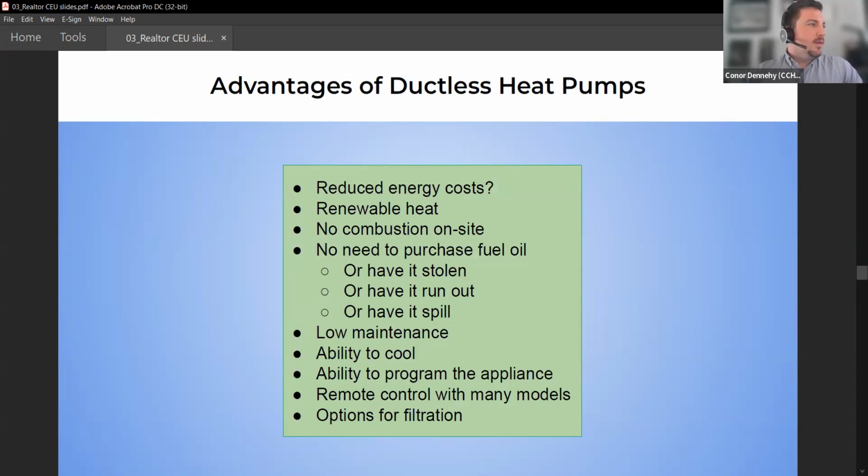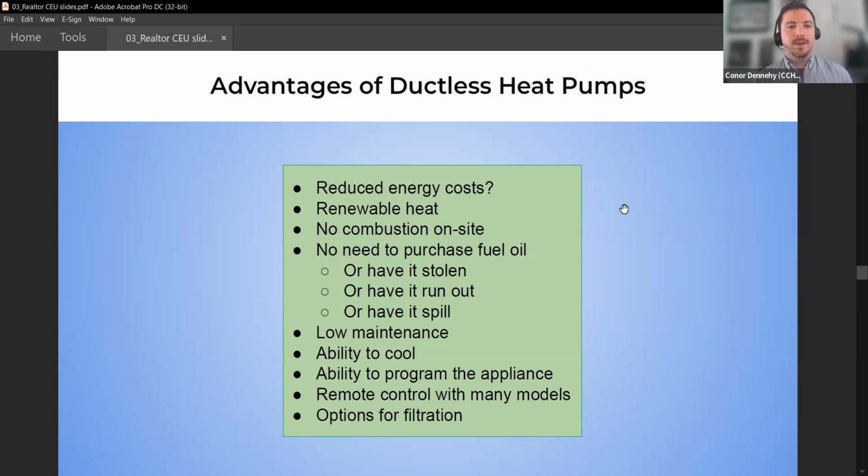To cap off a lot of that, there are a lot of advantages to ductless heat pumps, and there will be some disadvantages, which I'll go over next. There's a potential to reduce your energy costs. Depending on how much you pay for electricity and what you've already got on hand, you may be able to reduce your energy costs, or it may have other advantages, like it's not a net gain on reducing energy costs, but now you can provide some cooling in the summer.